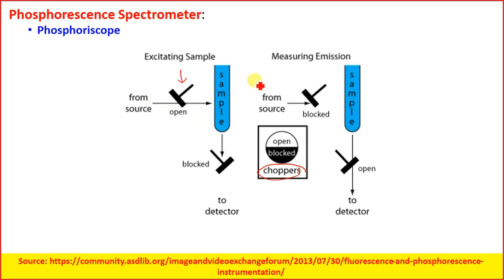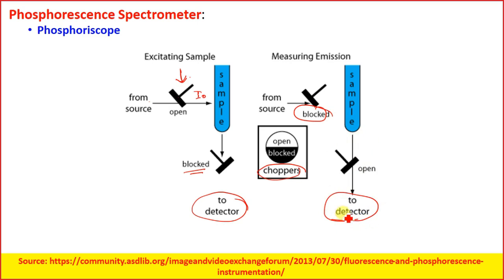While you are exciting the sample, chopper 1 is open and the radiation source goes to the sample, exciting it, and at that time the second chopper is blocking the input to the detector, so there is no recording. Only after the excitation is finished, the first chopper is blocked, and the second chopper allows the radiation to come into the detector.